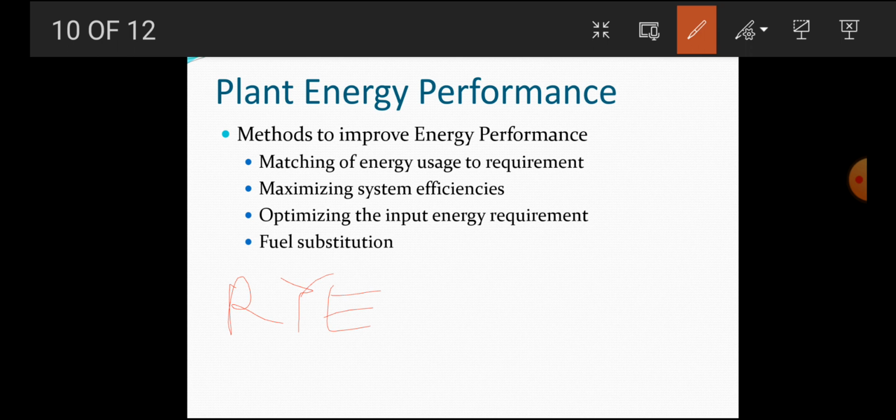So RYE will be equal to reference year energy use into production factor. This value is compared with the current year's energy consumption, so that we can calculate the plant's energy performance.